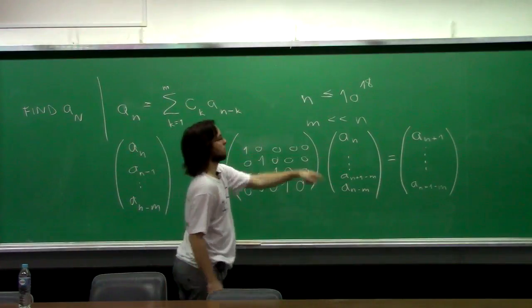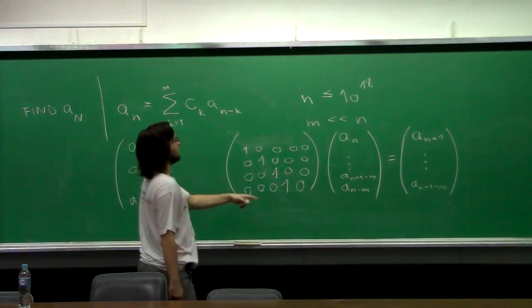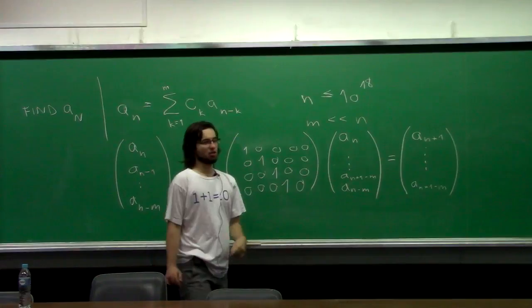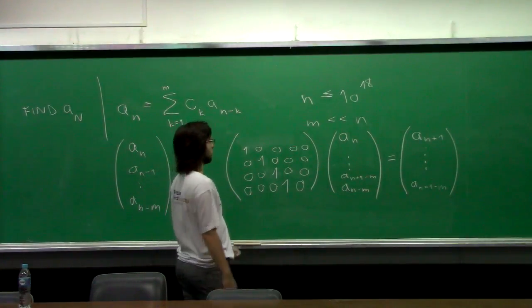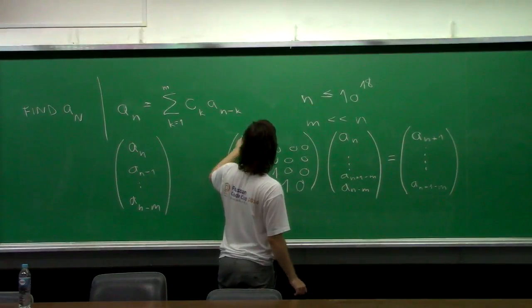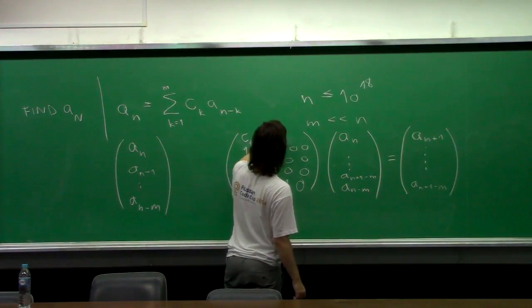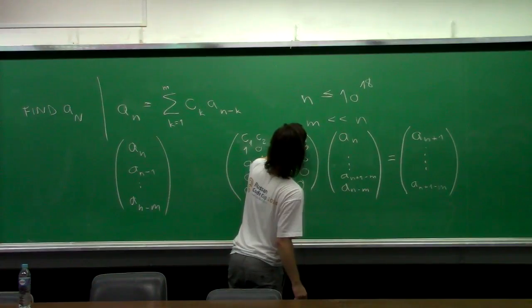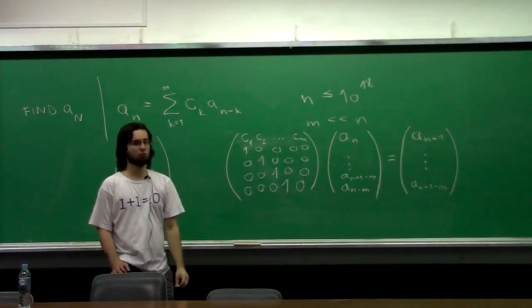Well, we want an plus 1, which is an times c1 plus an minus 1 times c2 plus and so on. So an times c1, this is c2 up to cm.